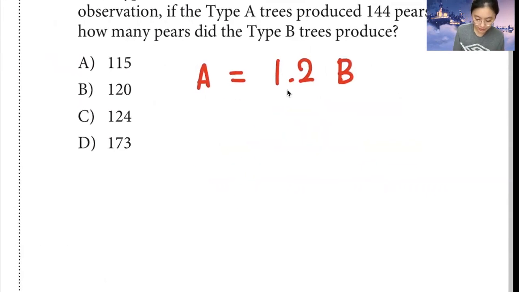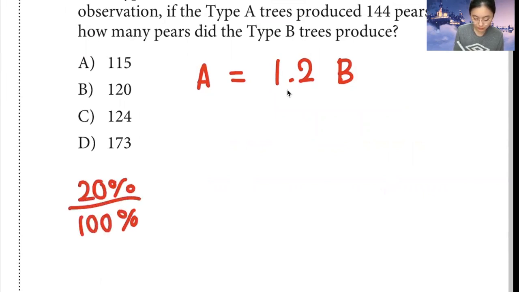Well, 20% is 20 out of 100, right? So in order to express that as a decimal, it will be 0.2. But we're not doing discounts or subtracting things, we're adding things right now. So the original number of type B trees stays the same.